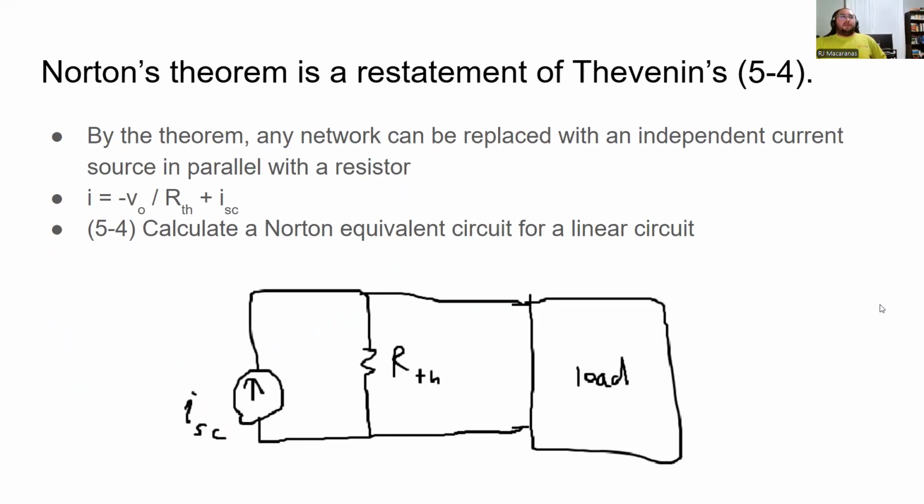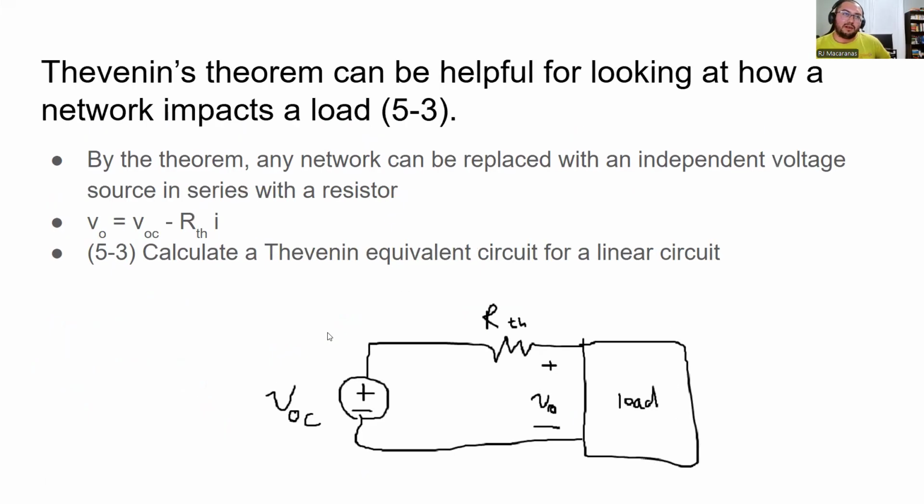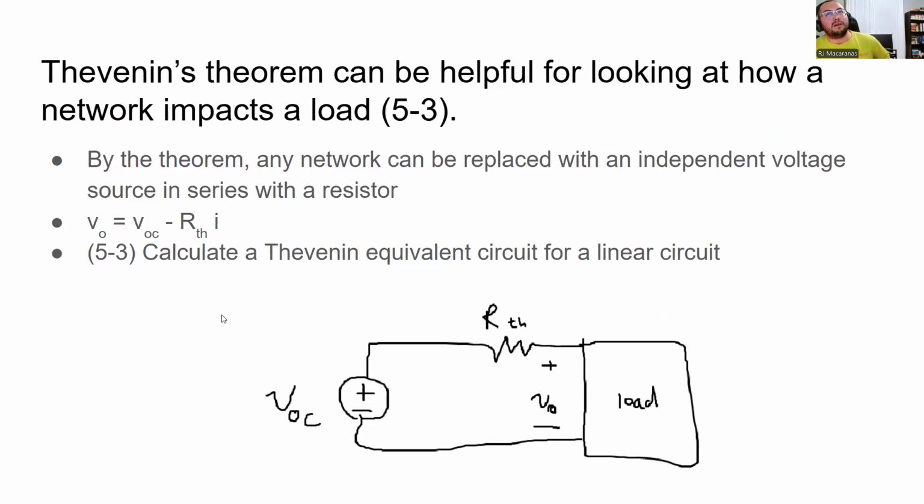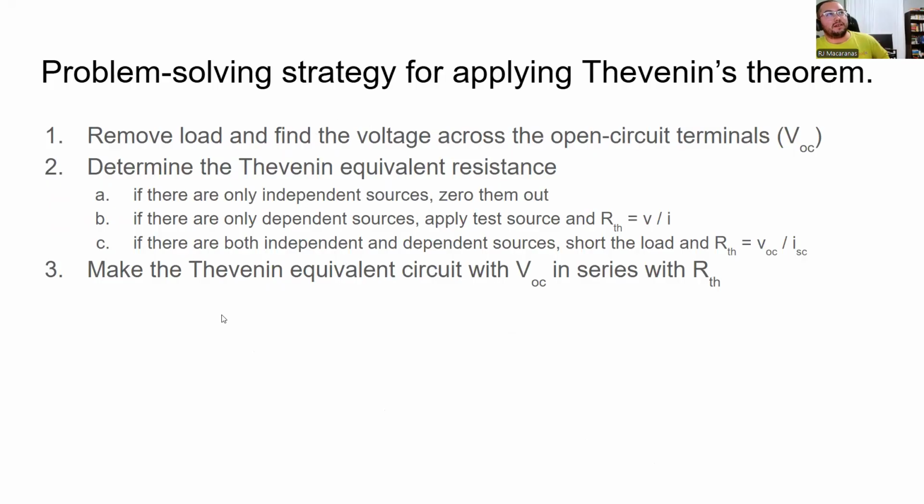Norton's theorem is basically a restatement of Thevenin's, but instead of a voltage source in series with the Thevenin resistance, you've got a current source in parallel with the Thevenin resistance. Without going into too much detail, let's jump into the problem solving strategy for these theorems.